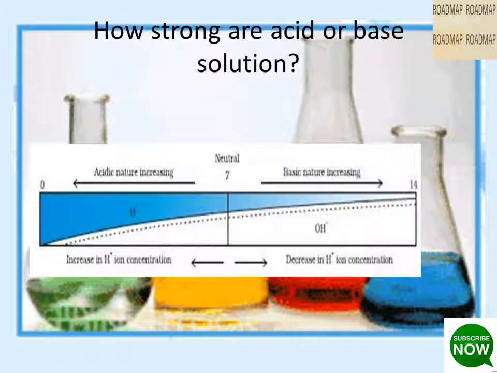Can we judge how strong a given acid or base is? We can do this by making use of universal indicator, which is a mixture of several indicators. The universal indicators show different colors at different concentrations of hydrogen ions in a solution. A scale for measuring hydrogen ion concentration in a solution called the pH scale has been developed.